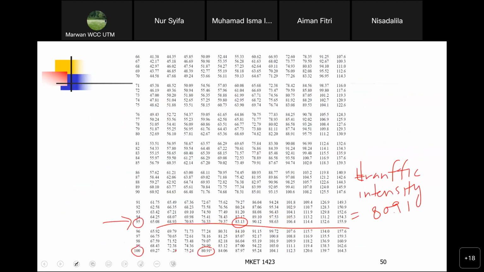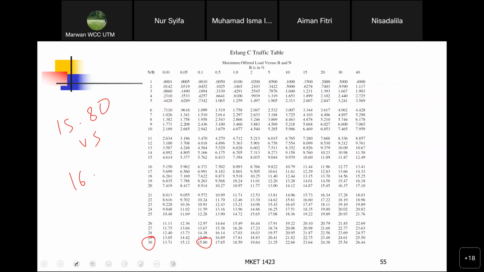This is Erlang C, this is Erlang B. So you can see by putting blockage, you have higher intensity, meaning that the system can have more traffic compared to if you only put delay.